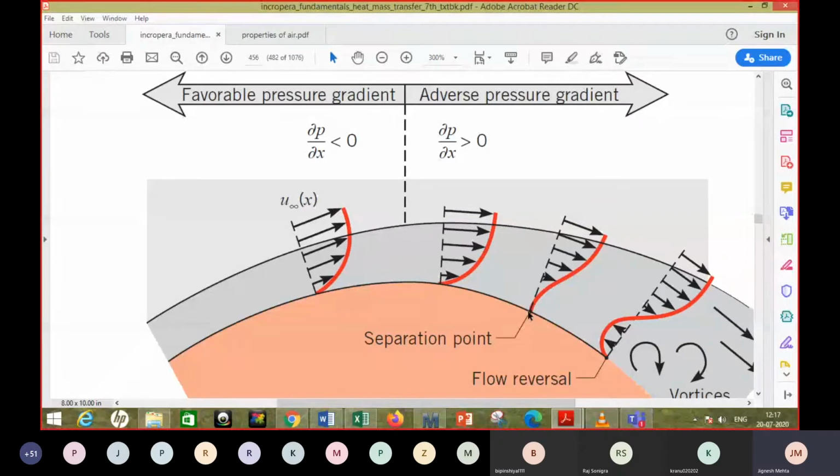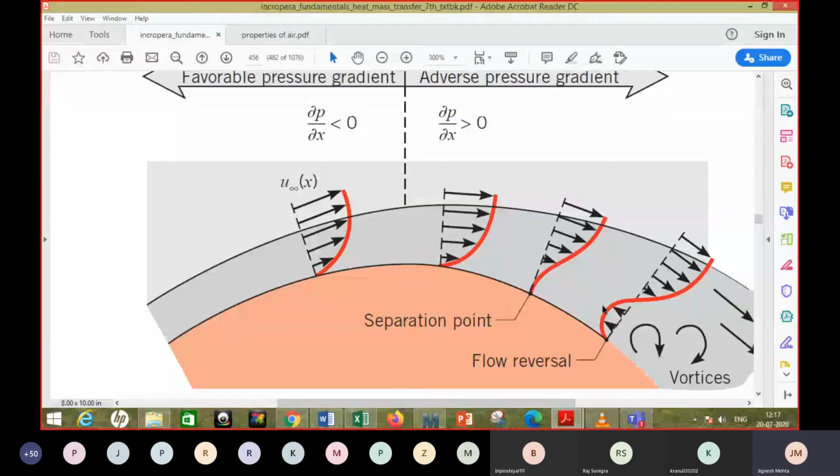Sorry, it is du by dy, not du by dx, right? Change of u with respect to y. So here that gradient is vertical, and the velocity here has become equal to 0, not just at the surface but beyond the surface also. And if you move forward, then that du by dy has become negative here.